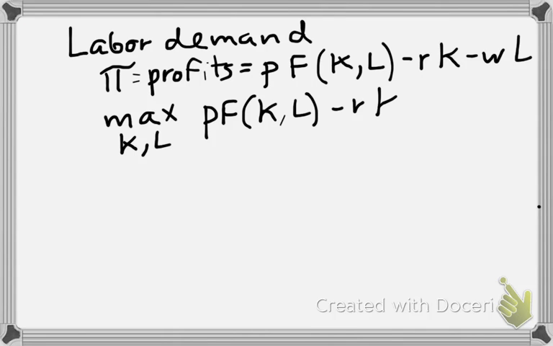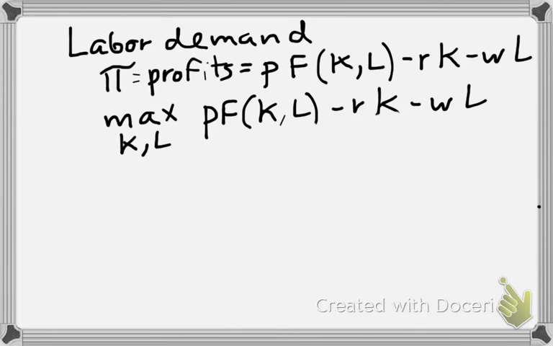And you can see that more capital increases production, but more capital is costly. The cost is RK, and more labor increases production, but more labor also has a cost, which is WL. So we're going to choose the optimal K and L to maximize the profit function.